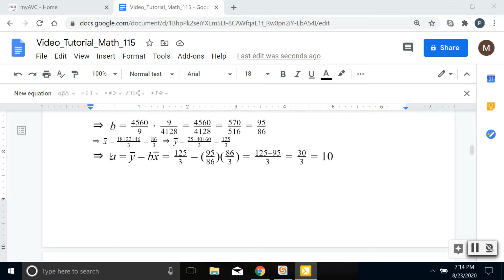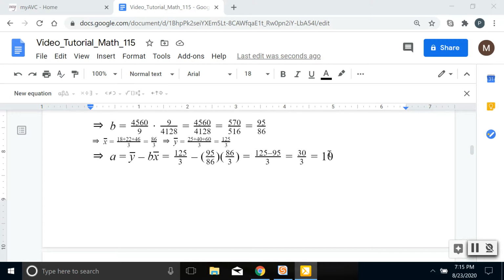So y bar is 125 over 3 minus b, 95 over 86, times x bar, which is 86 over 3. The 86 will cross off. So we have 125 over 3 minus 95 over 3. It'll be 125 minus 95, which is 30 over 3, which reduces to 10.